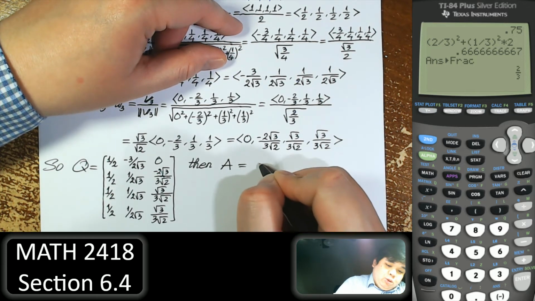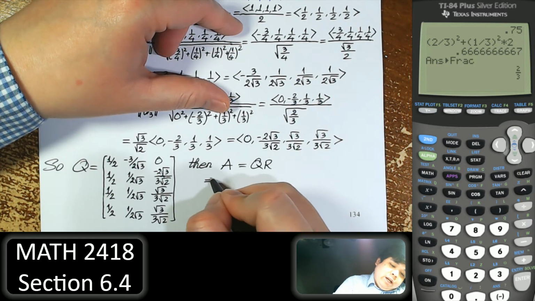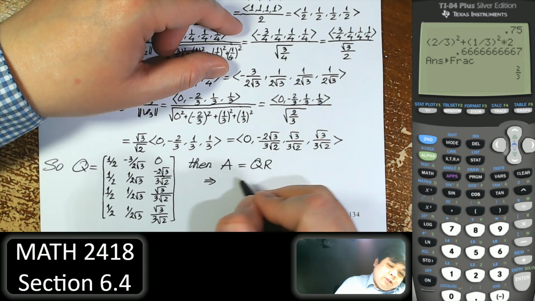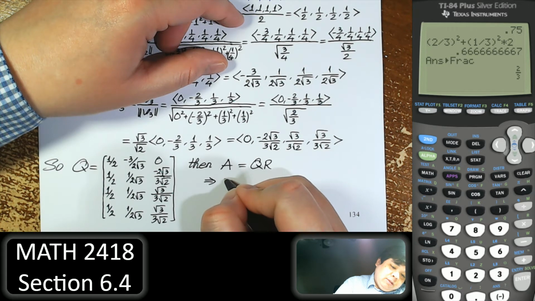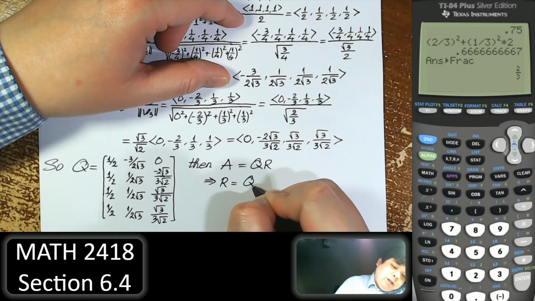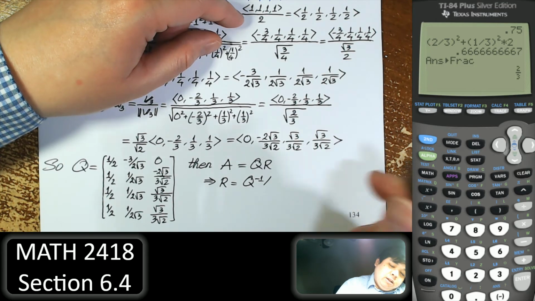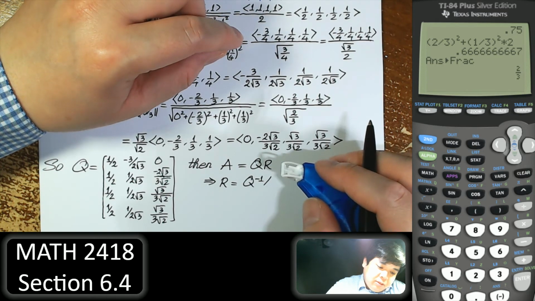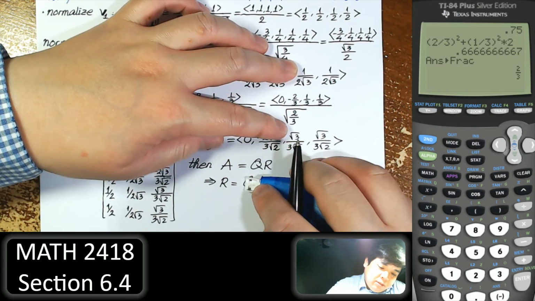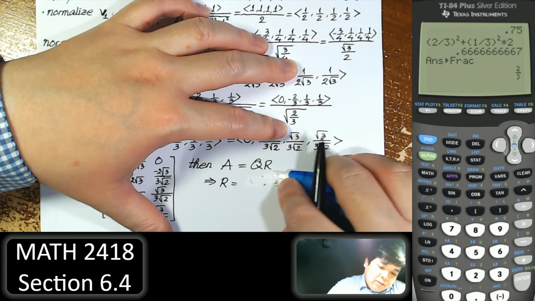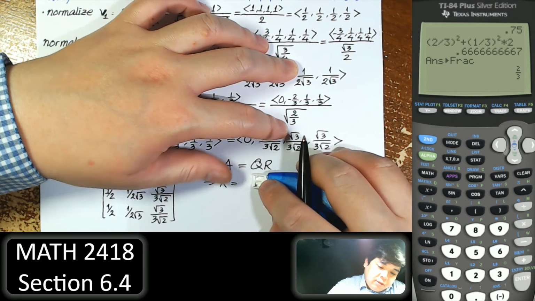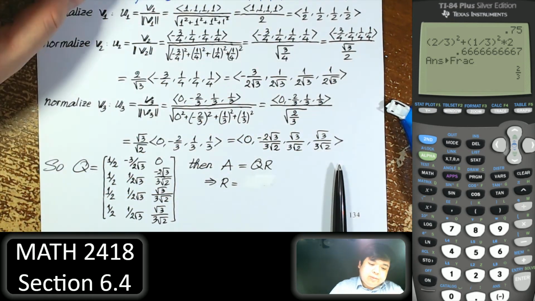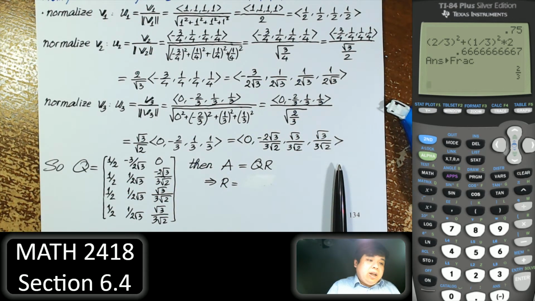And then A equal to QR. So we can say R is equal to Q inverse times A. Notice that Q does not have an inverse because it is not a square matrix.